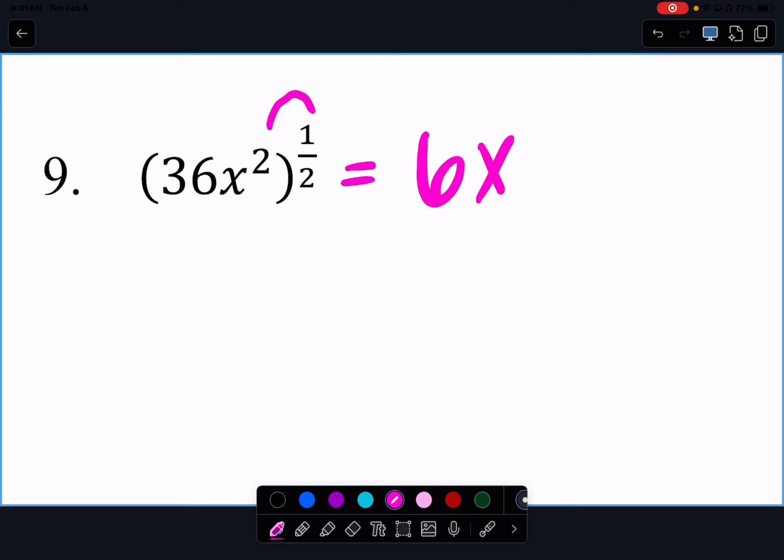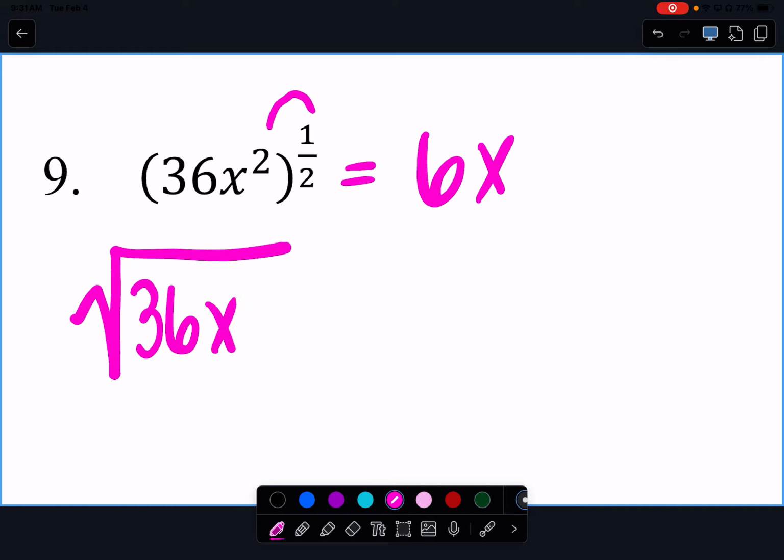All we did was take the square root of 36x squared. The square root of 36 is 6, and the square root of x squared is just x. Where does the 1/2 go?